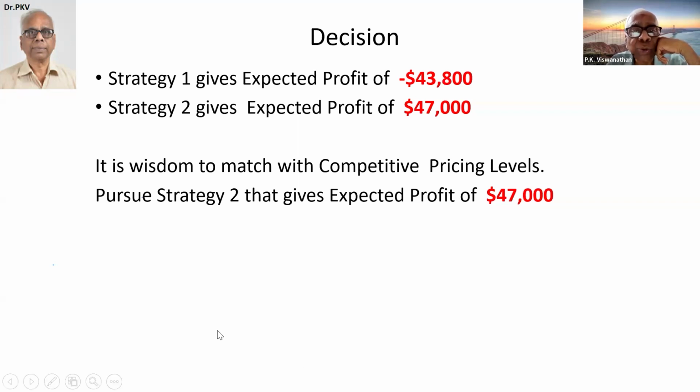Pursue strategy 2 that gives expected profit of $47,000. In other words, pricing strategy for Lambda, the pricing analytics tells you a story. Match the competitive price levels, you stand to gain. Otherwise, you lose. And you not only financially incur a loss, you lose an opportunity of entering into an international market as a global player.